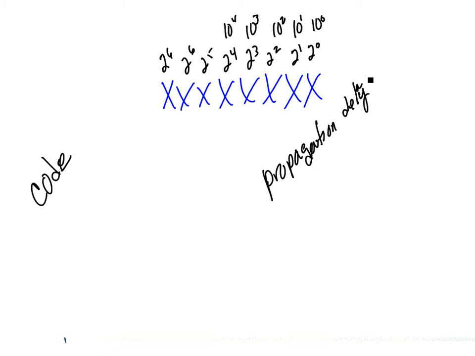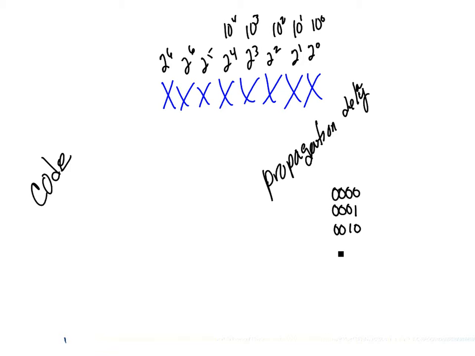The problem we have with binary is a term called propagation delay. Propagate means to move through, right? The problem is when we do binary numbers. When I go from a 0 to a 1, how many digits changed? 1. When I go from a 1 to a 2, how many digits changed? 2.